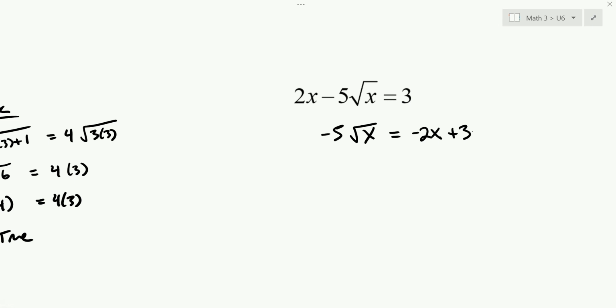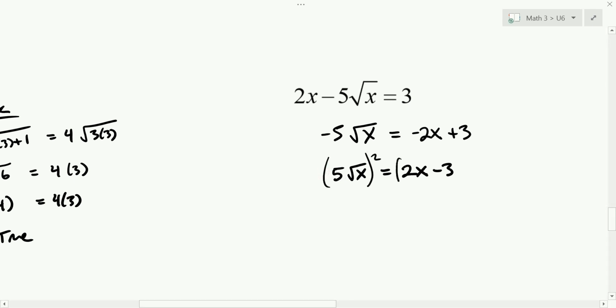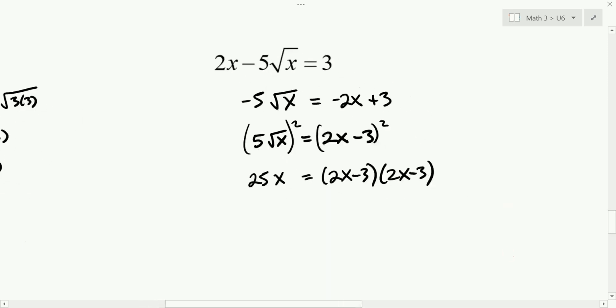The only other thing that you might want to change before you square both sides, it's up to you, is you can multiply everything by negative 1 and get a positive 5 root x equals positive 2x minus 3. You may be more comfortable with that. It's up to you. Okay. So then I would square both sides at this stage and get 25 times x. On the right side, you're going to have to rewrite 2x minus 3 times 2x minus 3 and work through that.